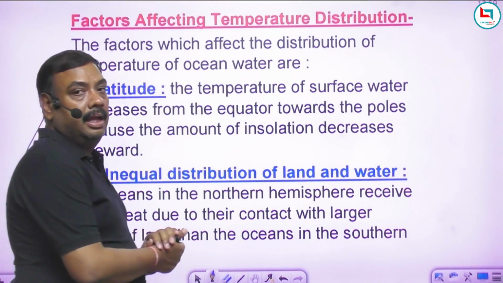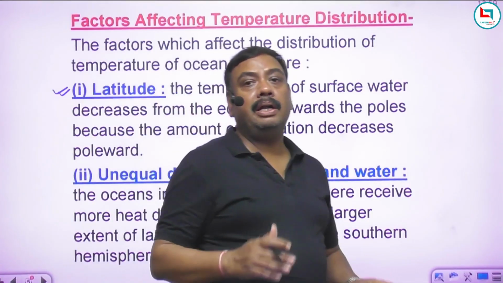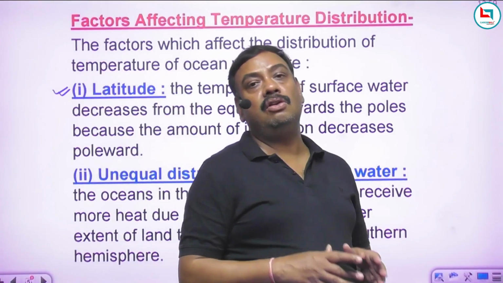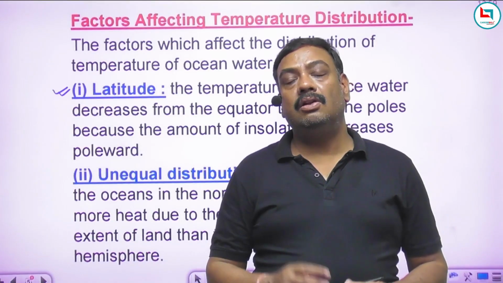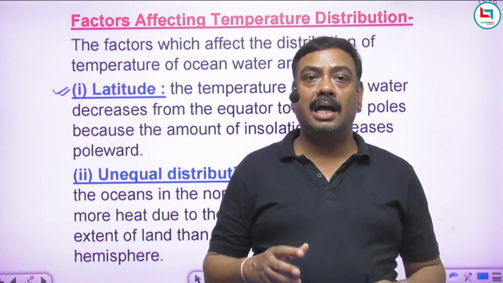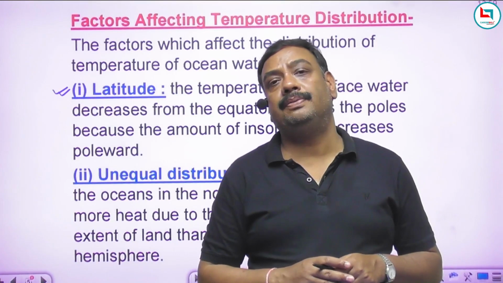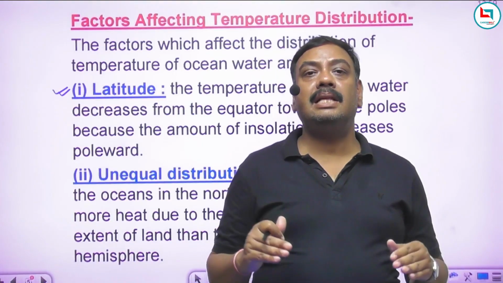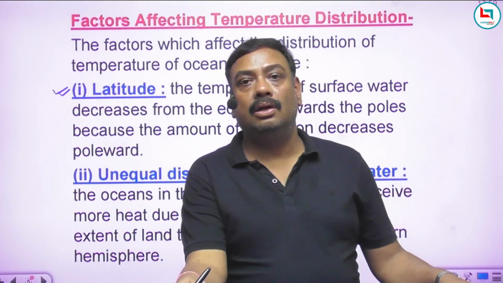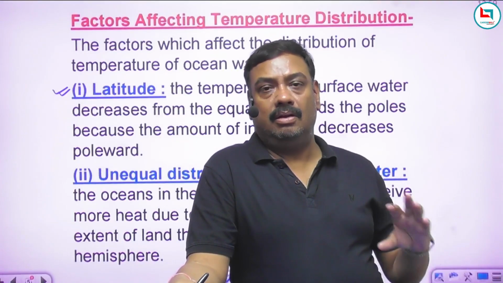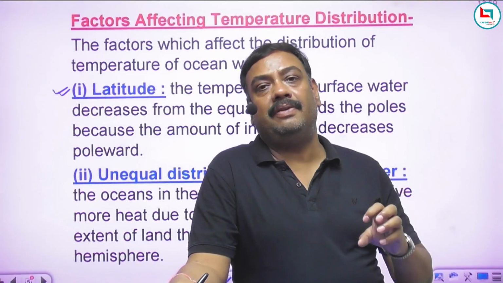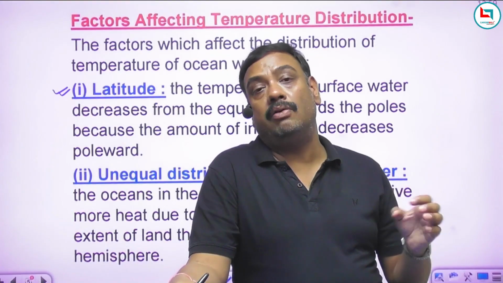hemisphere. Now what is important to discuss here is that the northern hemisphere is considered the terrestrial hemisphere, a land hemisphere, and as we all know, the land surface gets heated up and cools down very rapidly.